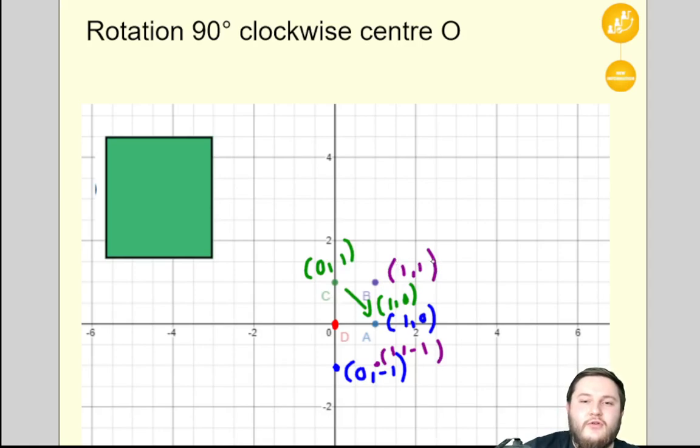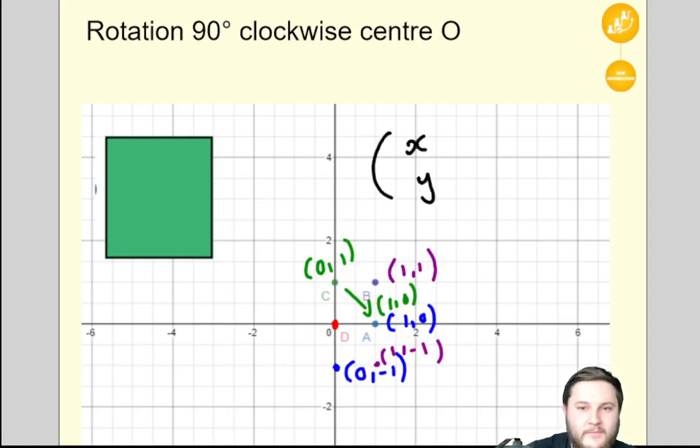So for this one, 1, 1, it goes from being 1, 1 to now being 1, minus 1. So you've swapped them over and then turned what was the x-coordinate negative. It's now in the y-coordinate position. And this one still matches, right? You swap them over, so it becomes 1, 0, and then you turn the y-coordinate, which was the x-coordinate, negative. So it's still 1, 0.